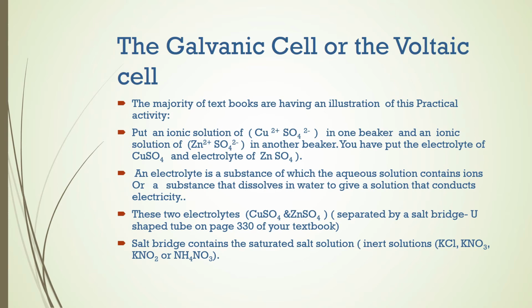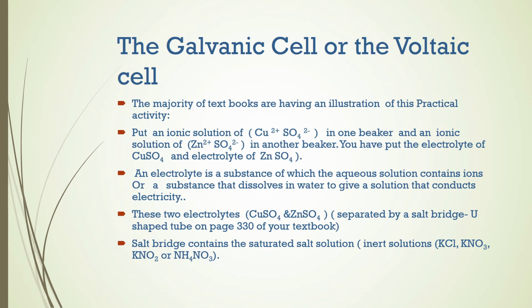An electrolyte is a substance of which the aqueous solution contains ions, or a substance that dissolves in water to give a solution that conducts electricity. These two electrolytes are separated by a salt bridge, a U-shaped tube, on page 230 of your textbook.